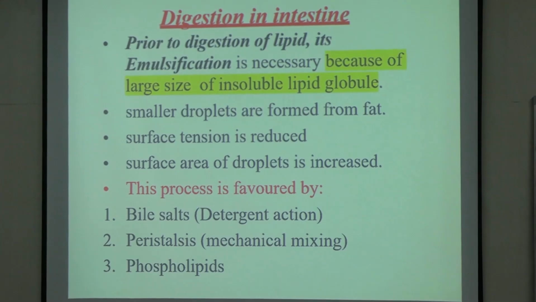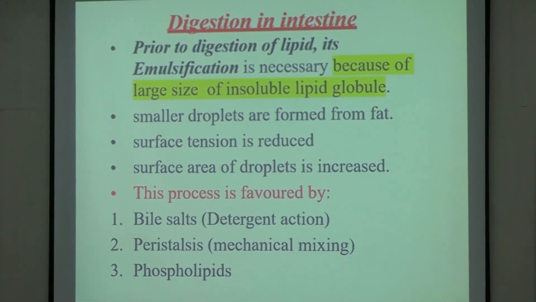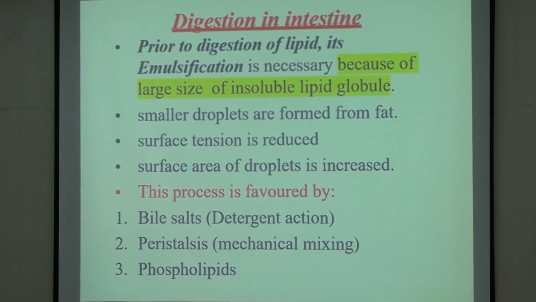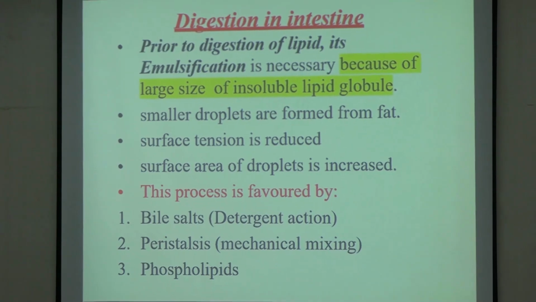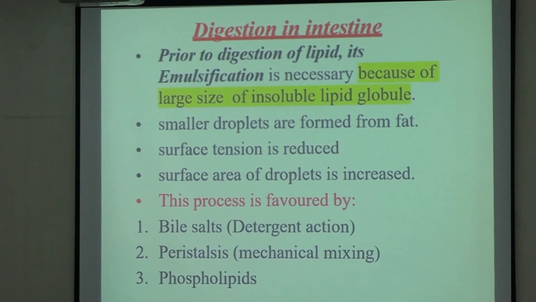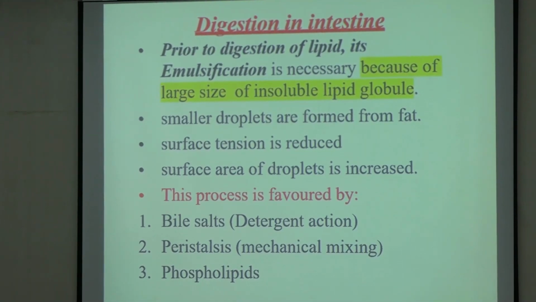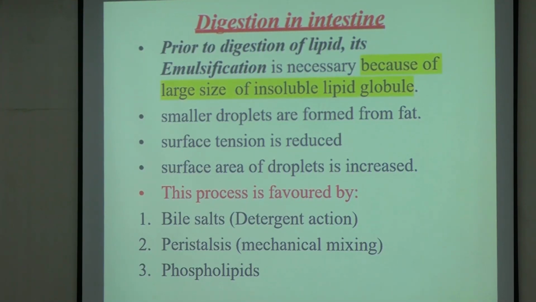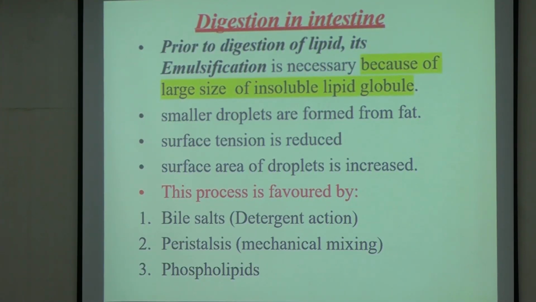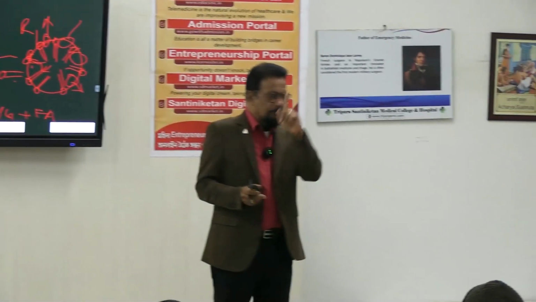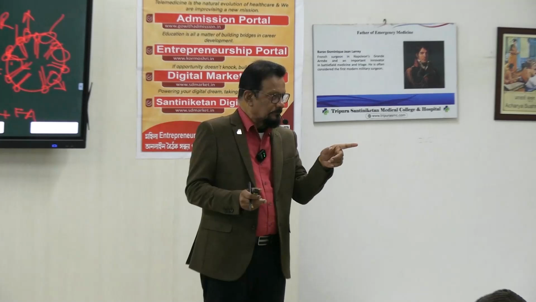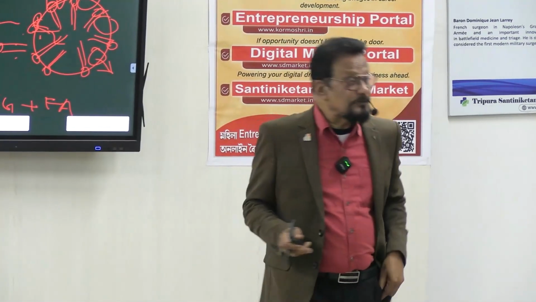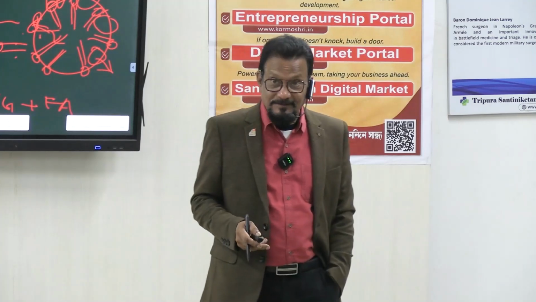After emulsification, the lipase could act and it will produce fatty acid and 2 monoglycerides, and the cholesterol esterase, after its action, will form fatty acid and free cholesterol. Phospholipase will act on lecithin and will produce lysolecithin. So these are the products of lipid digestion.